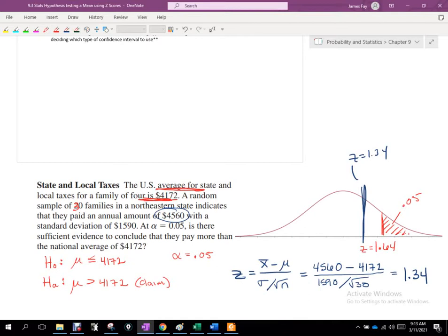Does that kind of make sense? The idea is that this 45.60 was from chance. Maybe one of the guys in my sample of 30 was a millionaire, and it bumped that up a little bit, but that's just chance that he got added into those 30 families.